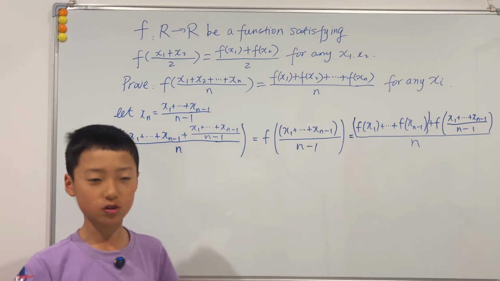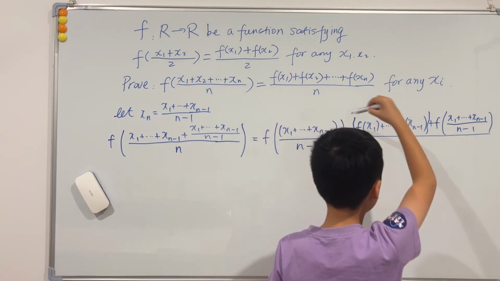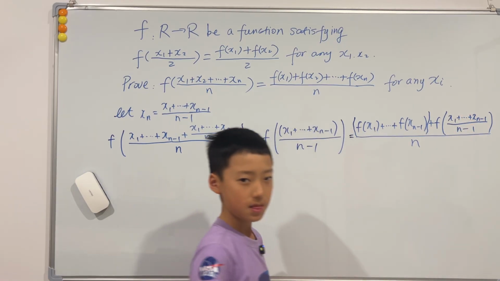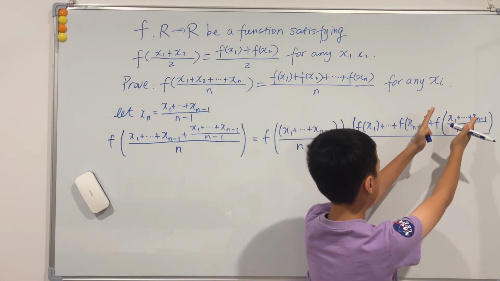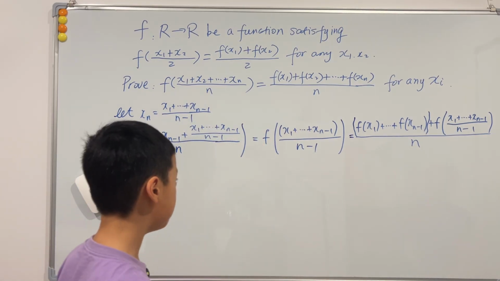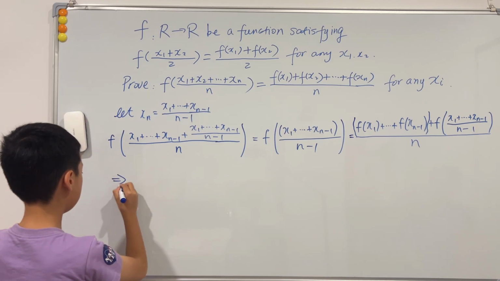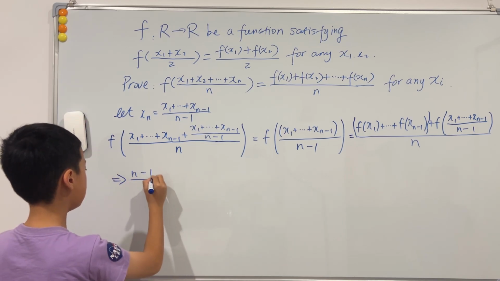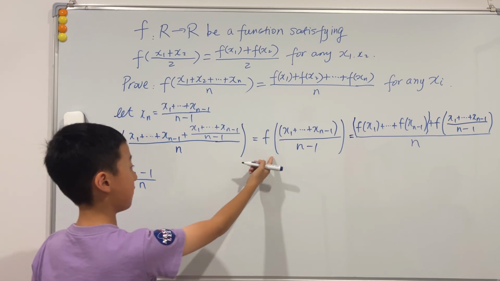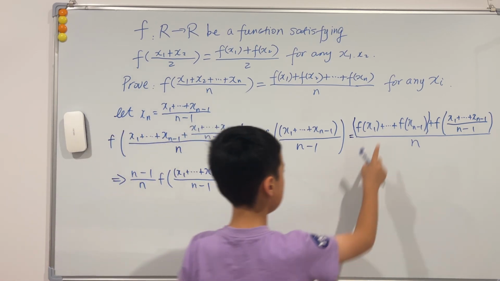Now, the reason I drew those brackets was because if you do this in your head, you do partial fractions, then you move this part to the left-hand side and do some basic algebra, then you can see that we'll have the equation n minus 1 over n times f of this is just equal to this over n.